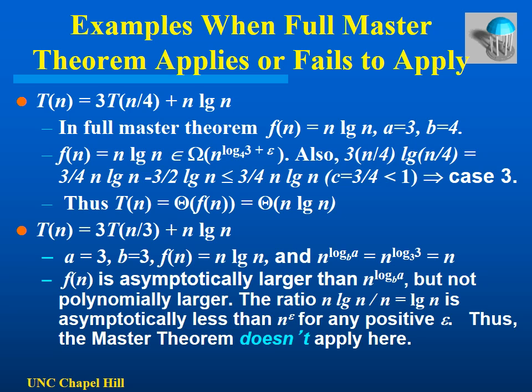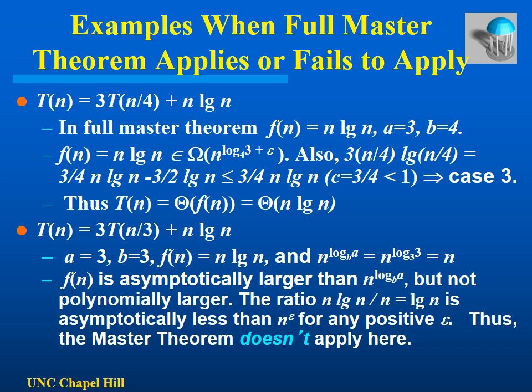Having satisfied that criterion, we're in case 3. Case 3 says that T(n) is theta of f(n), and thus that recurrence that we're solving, T(n) = 3T(n/4) + n log n, is theta of n log n, theta of f.